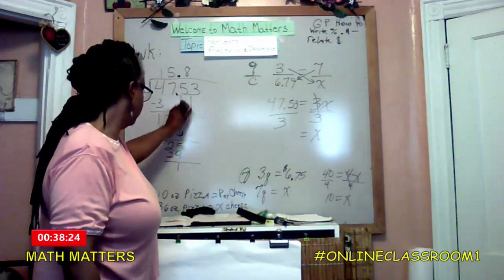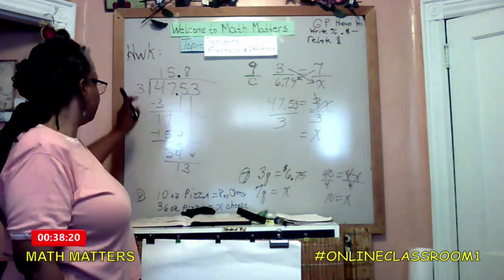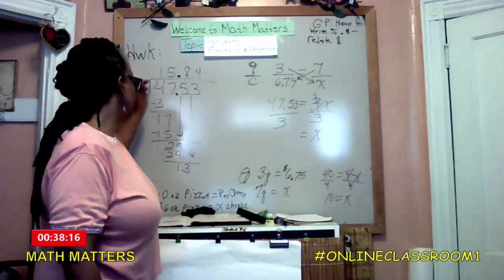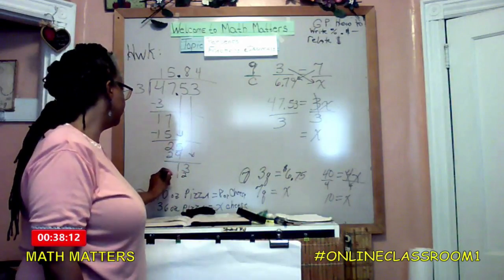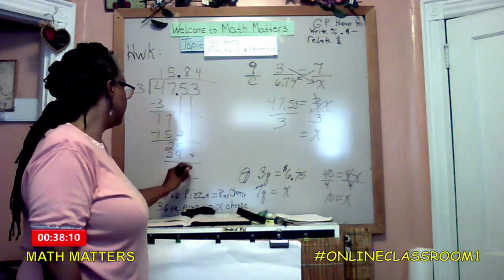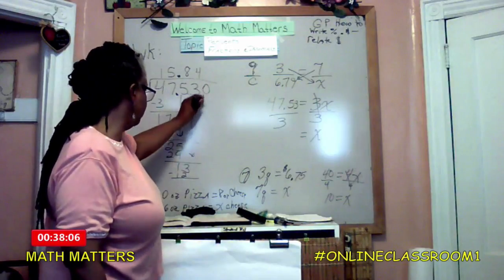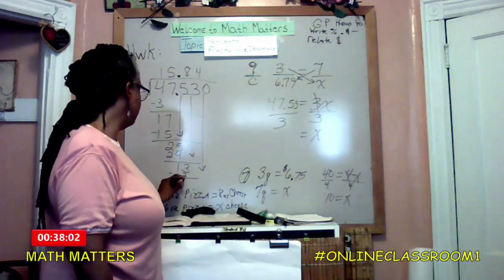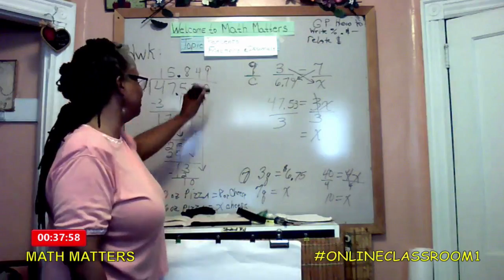Bring down 13. 3 goes into 13 4 times. 4 times 3 is 12. We can attach a 0 here. We'll bring down the 0 eventually. So now we get 10. 3 goes into 10 9 times. We can stop.